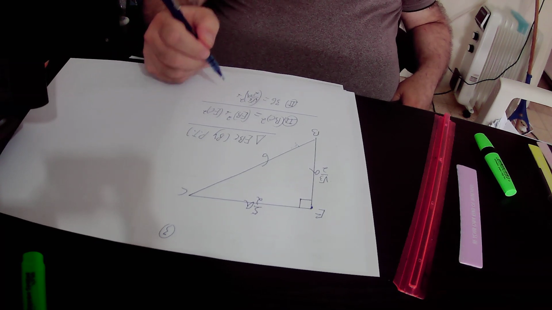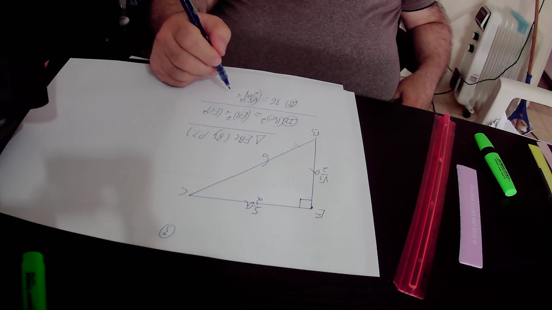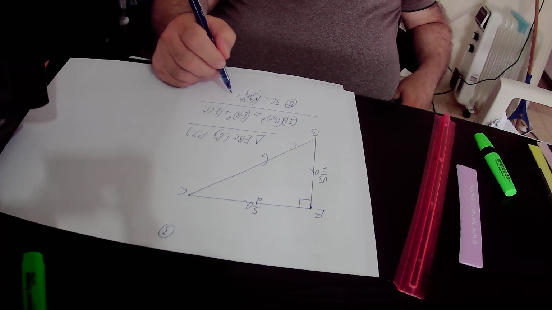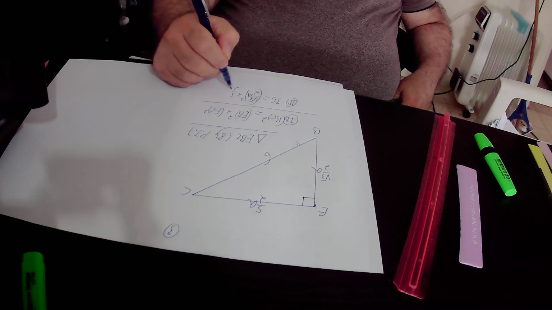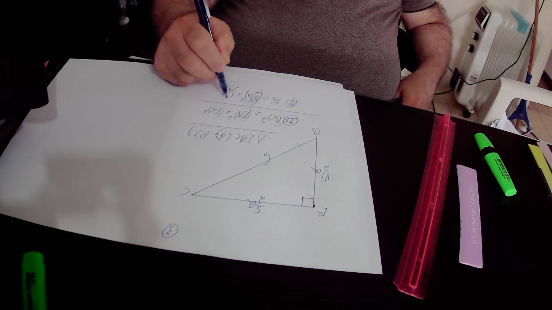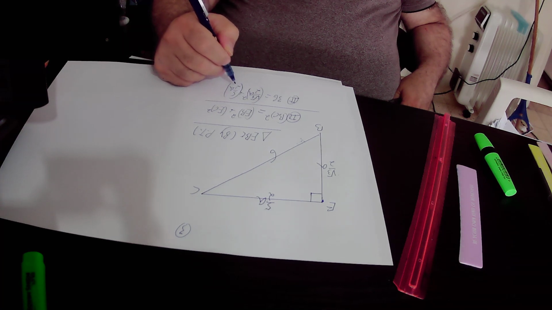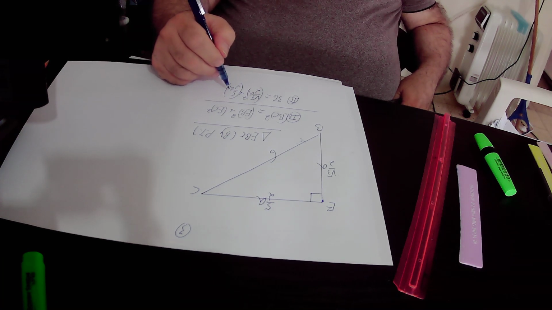EC equals 5 halves times A, so EC squared will be equal to 5 halves A, squared.